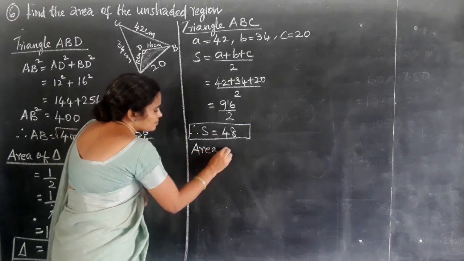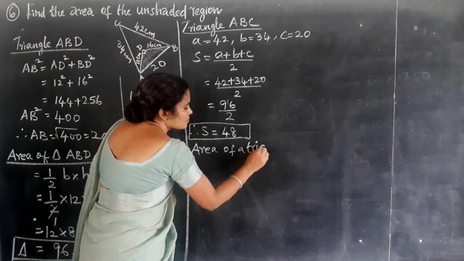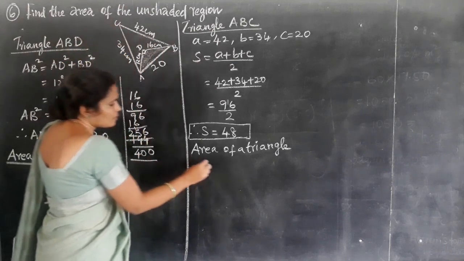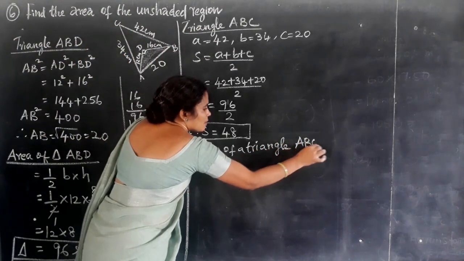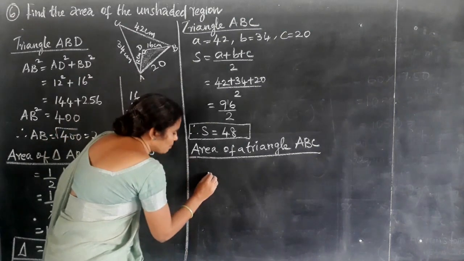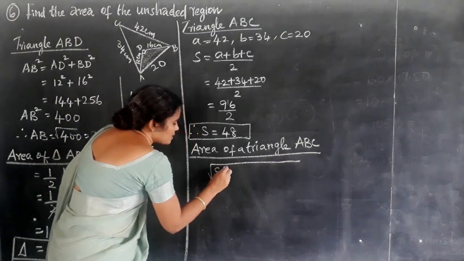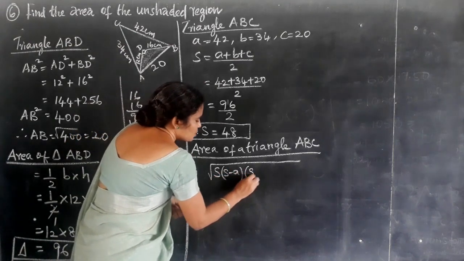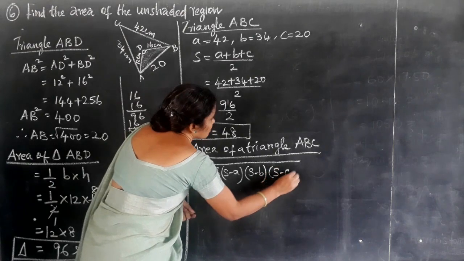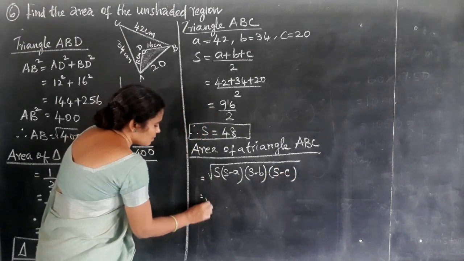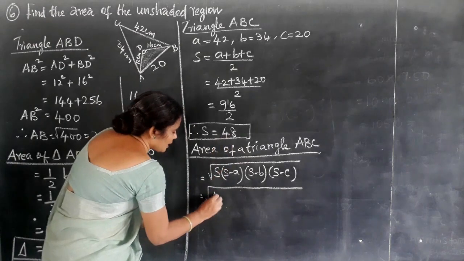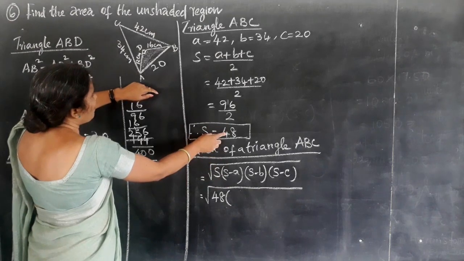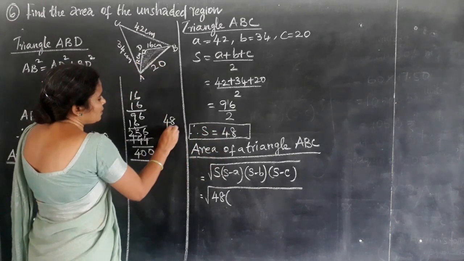Area of triangle ABC using Heron's formula is square root of s into s minus a, s minus b, s minus c. So s is equal to 48, s minus a is 48 minus 42, 6.